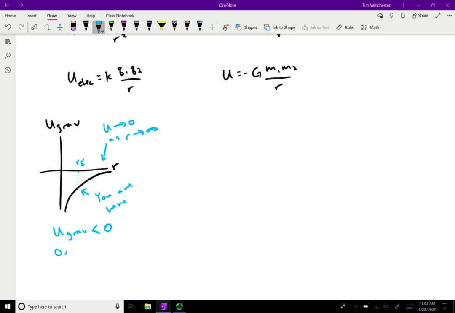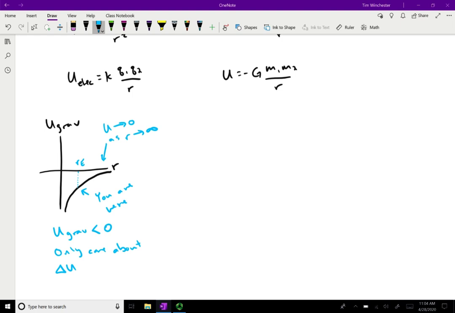So since we only care about the change in energy, that doesn't actually affect anything. In fact, we found that we could even add some constant to the gravitational potential energy, and then when we take the difference, the constants will cancel out. So if we insisted on having positive energy, we would just add a constant, but that would in fact only complicate things rather than make them simpler.